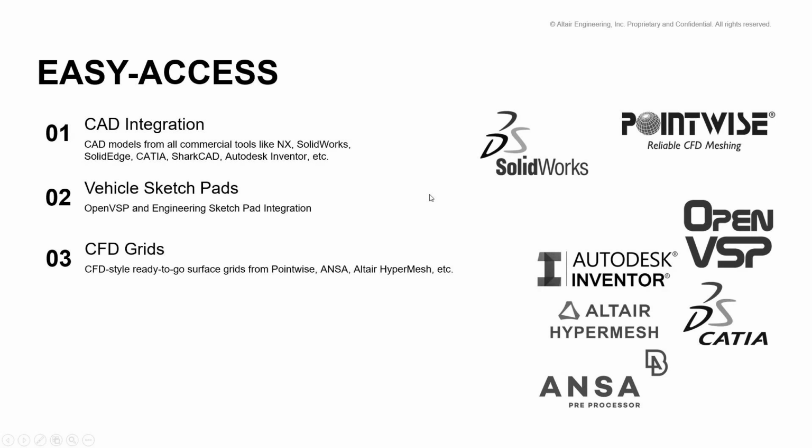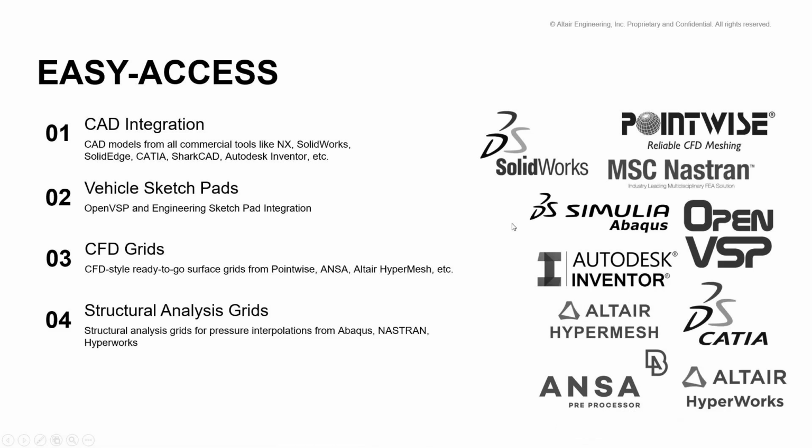Talking about CFD grids, Altair HyperMesh can be used directly for creation of the mesh, and then you can import the mesh into the tool, including Pointwise and ANSYS for the meshing part. For structural analysis grids, there is a fully integrated one-way and two-way coupling with solvers like OptiStruct, Abaqus, and Nastran.